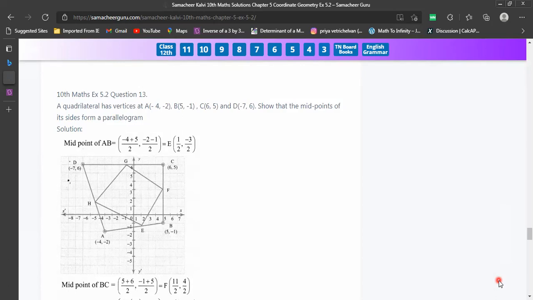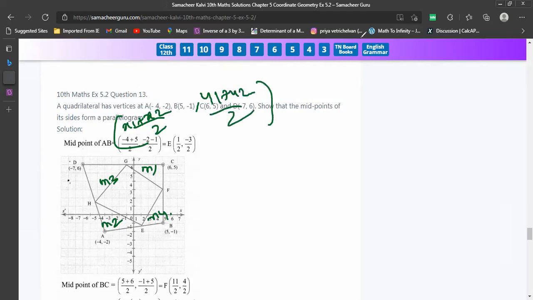In step 2, you have to check the parallelogram condition. In a parallelogram, we'll just check whether M1 is equal to M2 and M3 is equal to M4 or not. Is it clear, Manasi? How do you find the midpoint? By using the x1 plus x2 by 2, comma, y1 plus y2 by 2 formula.